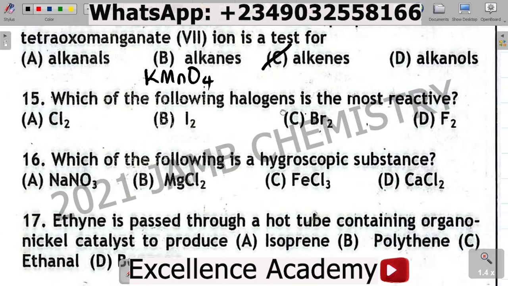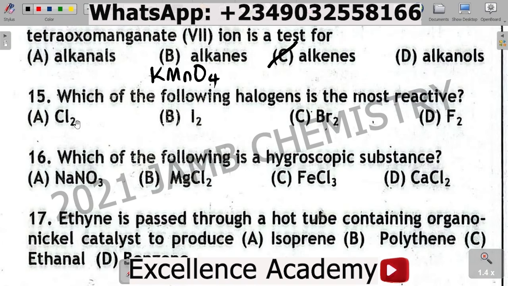All right. Next up, question 15. Which of the following halogens is the most reactive? A, chlorine, B, iodine, C, bromine, D, fluorine. The correct answer there is D, fluorine. Note that for the halogens, reactivity decreases down the group.